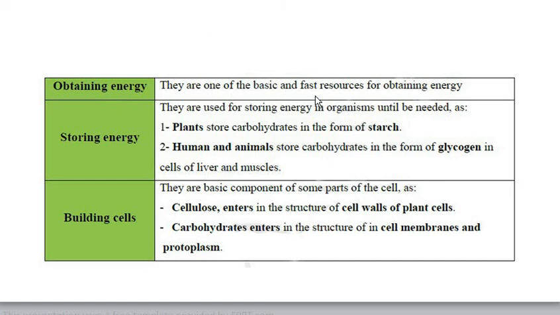If we need energy, the body first goes to the carbohydrates to get energy. It's also used to build the cell, as it is found in the cell wall of the plant cell, which is made up of cellulose, a complex sugar, and carbohydrates are also found in the plasma membrane, which is a second membrane found inside the cell.